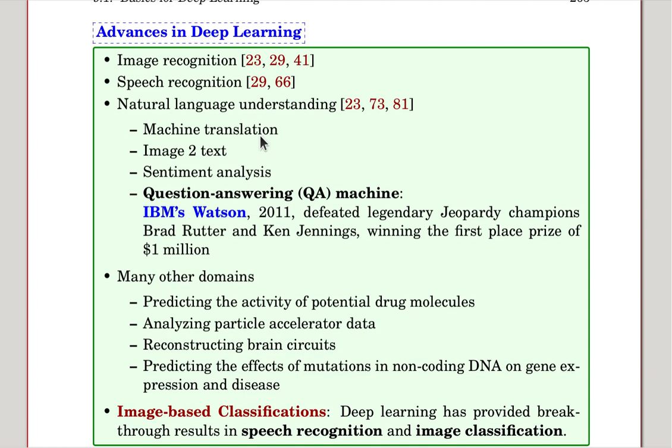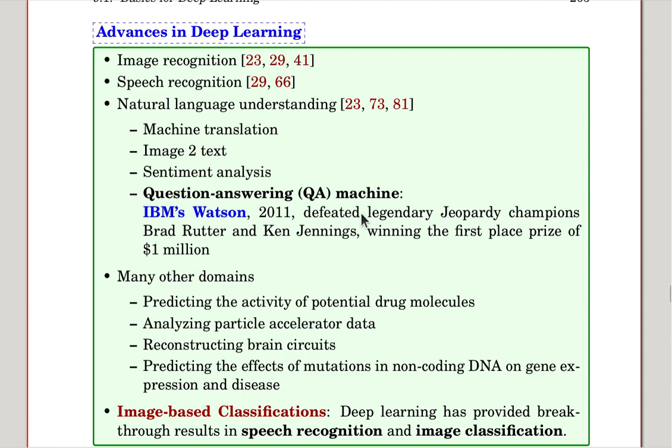Along with a short-time Fourier transformation, locally it becomes an image, so speech recognition is like image-based recognition.